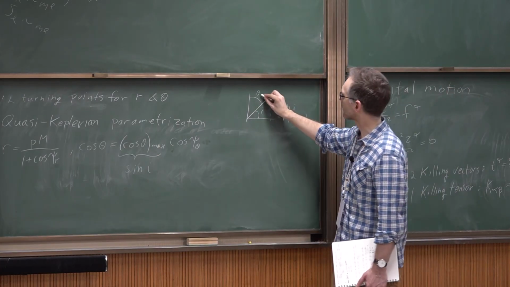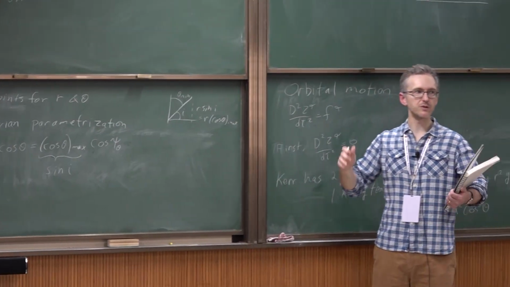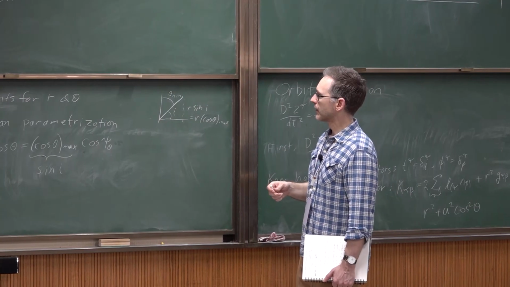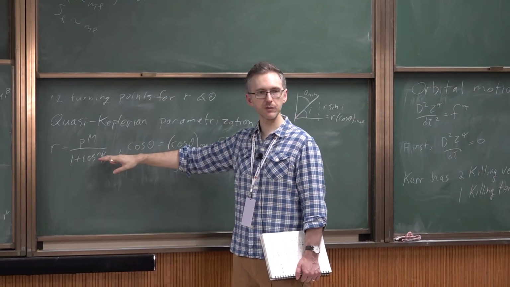I guess this is actually theta min. Cos of theta min gives you cos theta max.